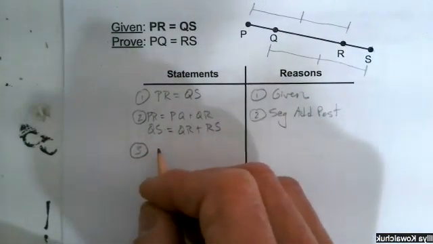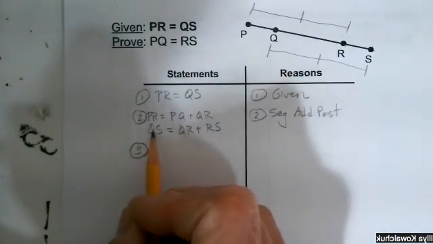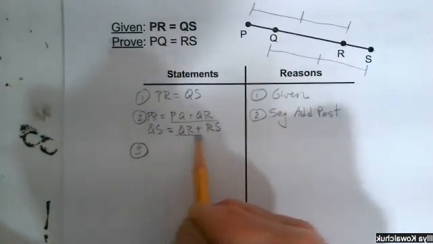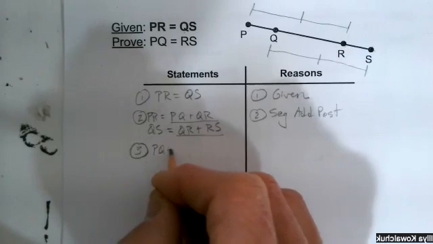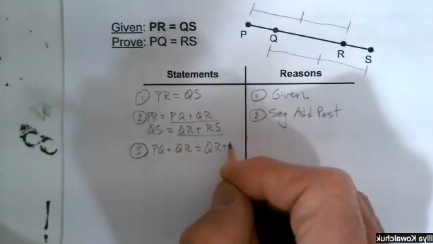Step 3, we know that PR is equal to QS from our given. So I can then set this and this equal to each other by the transitive property. So I have PQ plus QR equals QR plus RS.